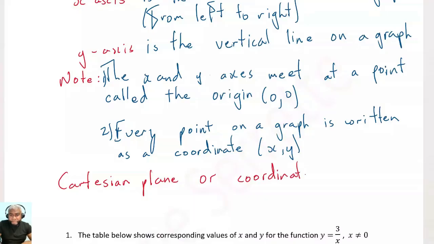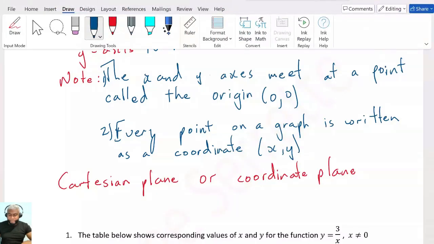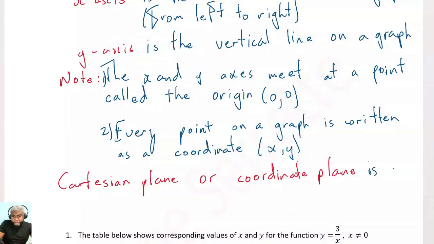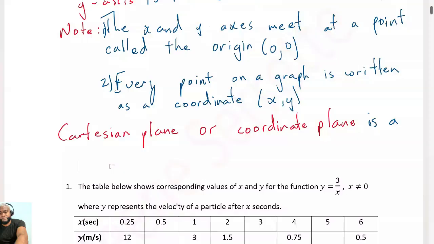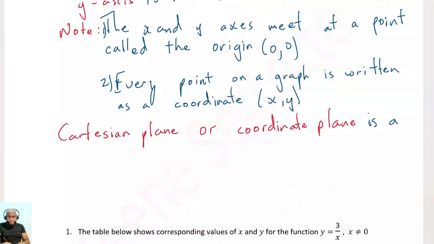Coordinate plane is a grid formed by two number lines, right?